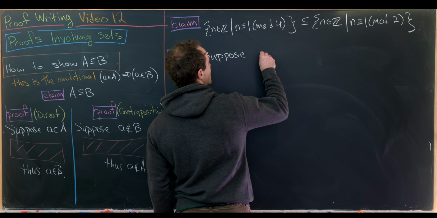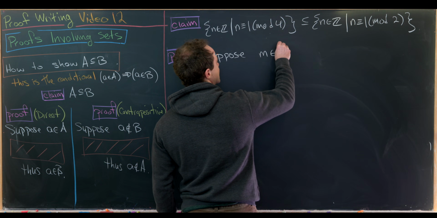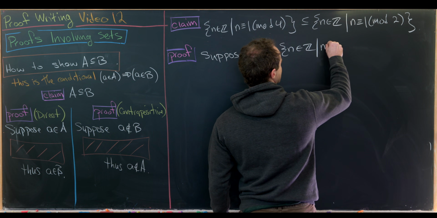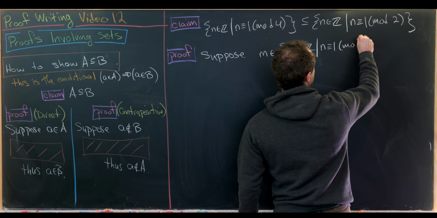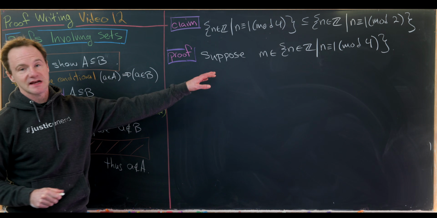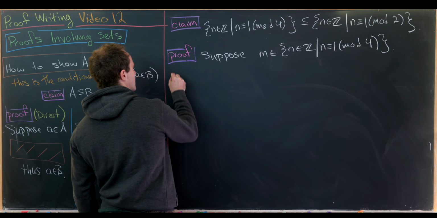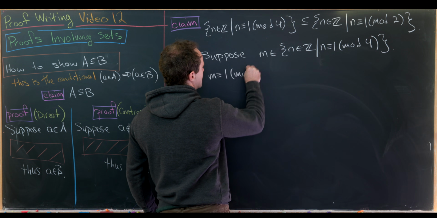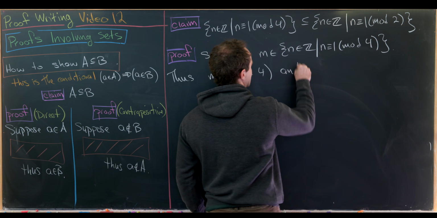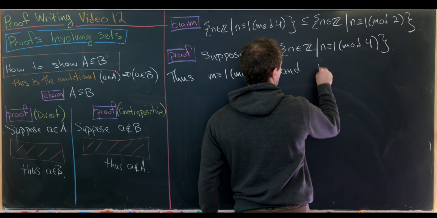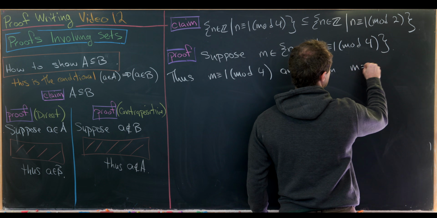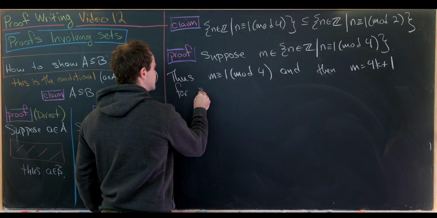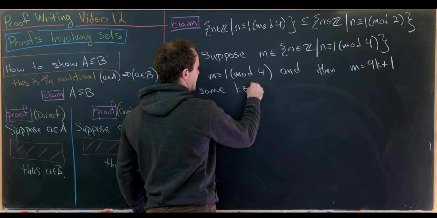Now let's start by supposing that we've got an integer, I'll call it m, from this left-hand side. So in other words, it's of the form 1 mod 4. Being inside that set means that you're 1 mod 4. So thus we can say m is congruent to 1 mod 4 and then m equals 4k plus 1 for some integer k.